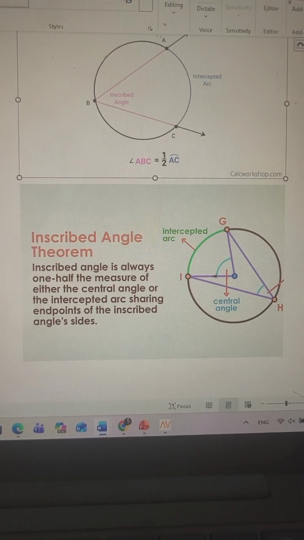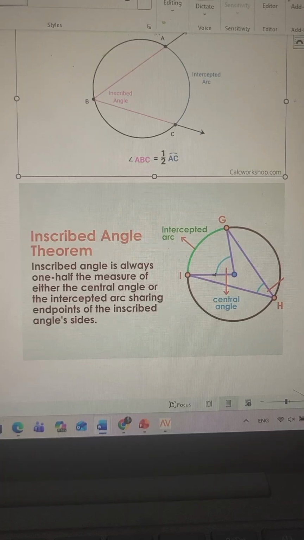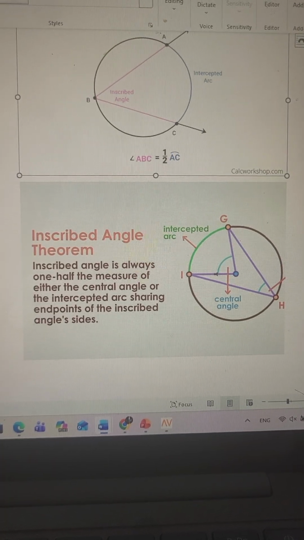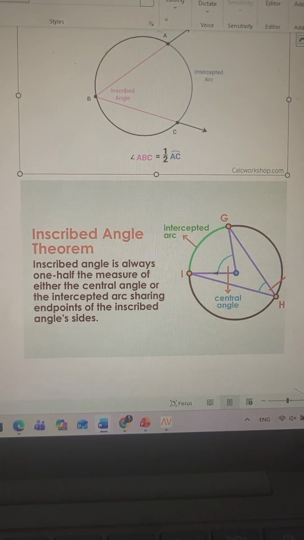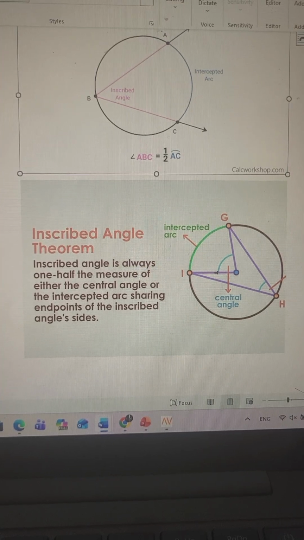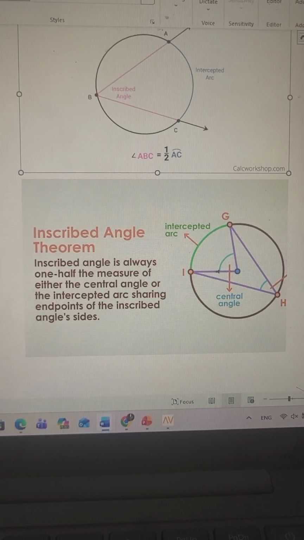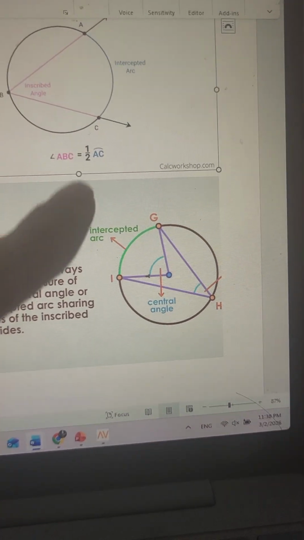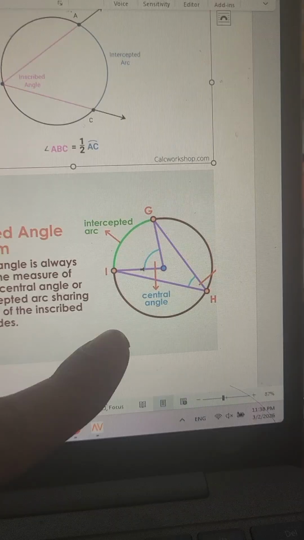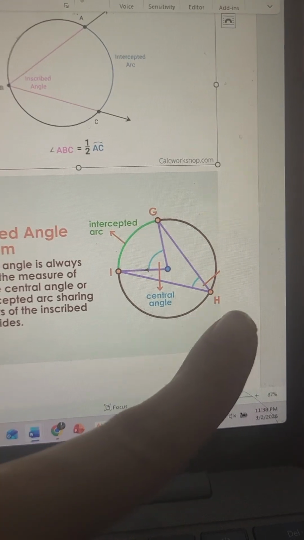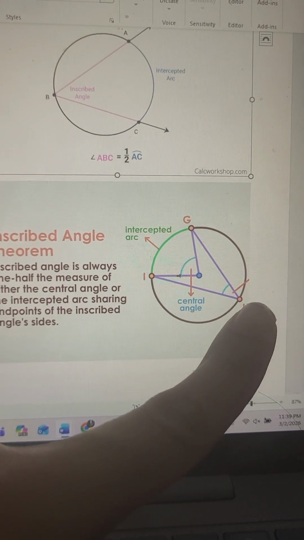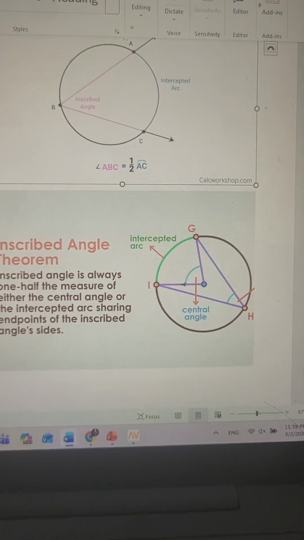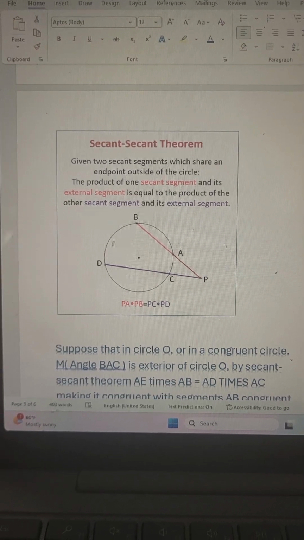So this is a visual representation of the inscribed angle theorem. The inscribed angle is always 1/2 the measure of either the central angle or the intercepted arc, sharing endpoints of the inscribed angle sides. So right here, that's the intercepted arc, the central angle, and this will be the inscribed angle side over here.